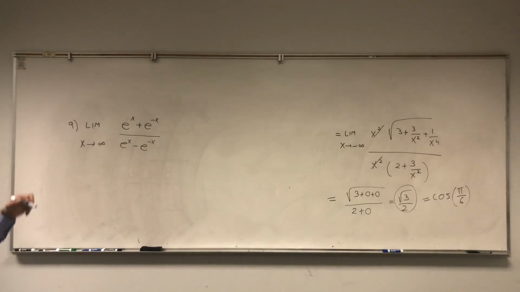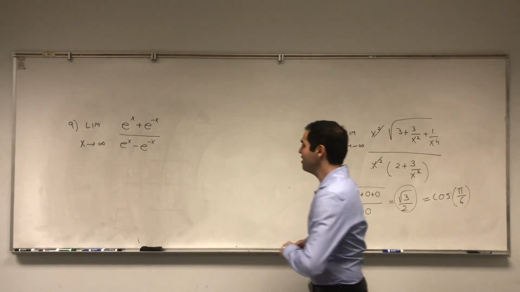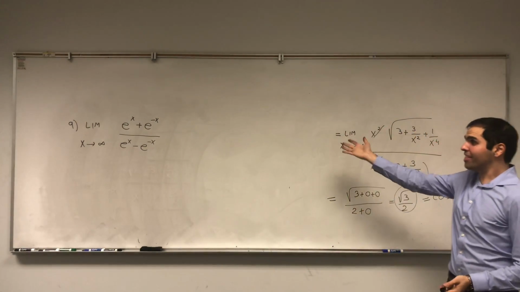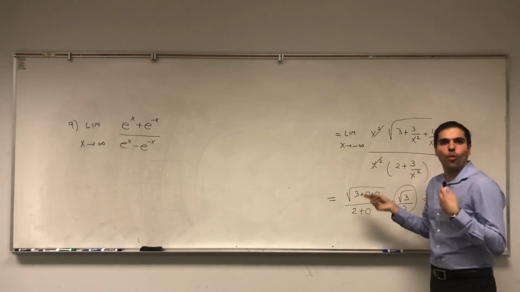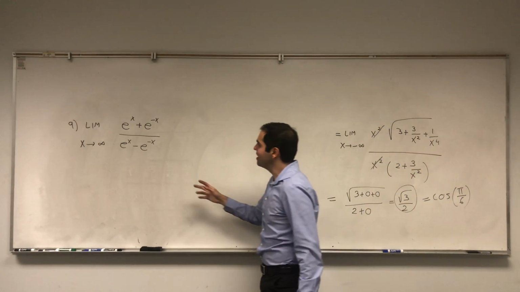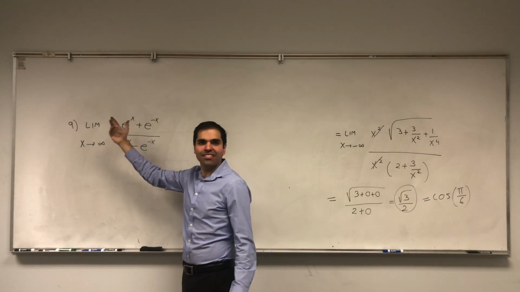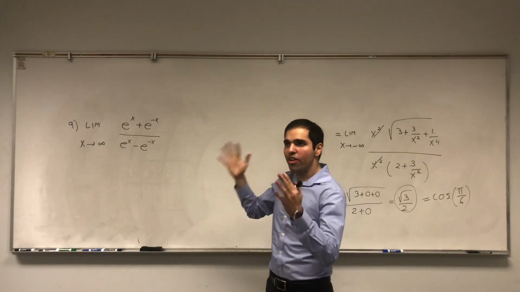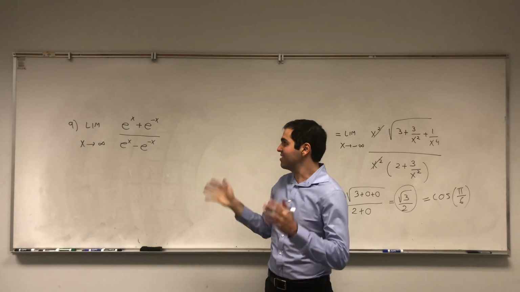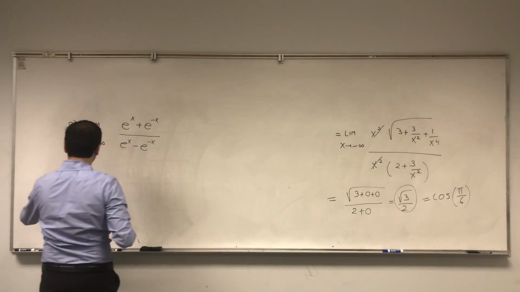Some people may recognize this as tanh, but we don't need to know that. What's interesting is it's a ratio, but there's no x squared or anything like that. Well, just think again of the ln of x squared example. What did we do? We factored out ln of x squared. And that's exactly what we want to do here.